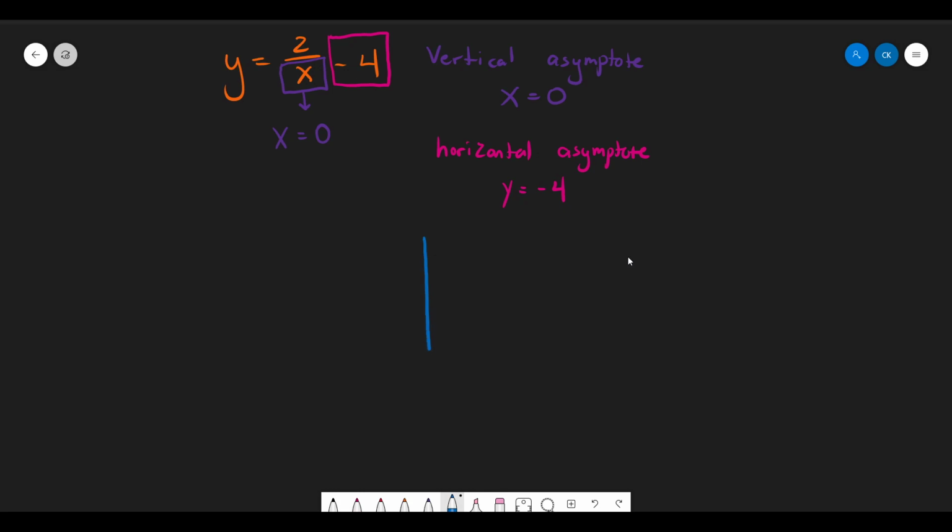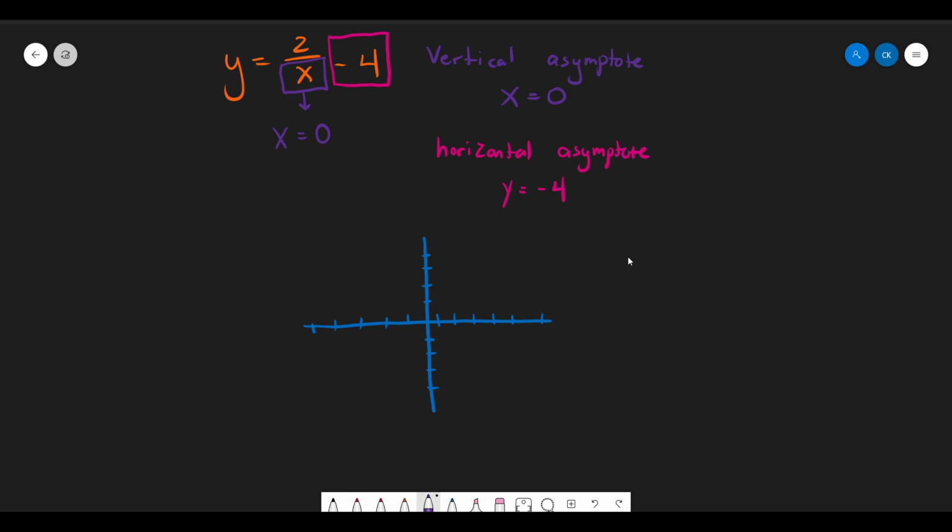So if I go to graph this function, the first thing I'm going to want to do is graph my horizontal and my vertical asymptotes. I'm going to first do the vertical asymptote.